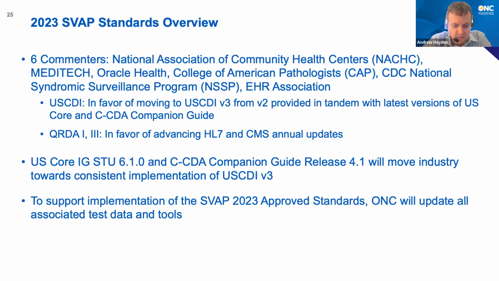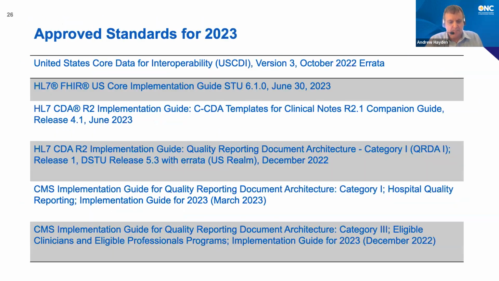And to support implementation of the 2023 approved standards, ONC is updating all of the associated test data and tools. So if we could go to the next slide, please.